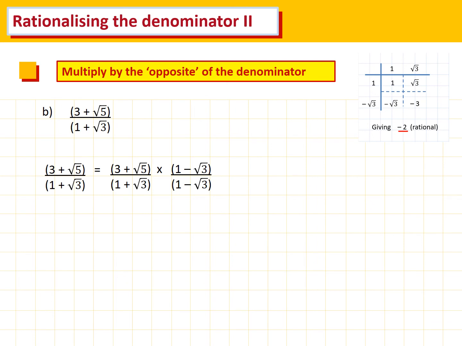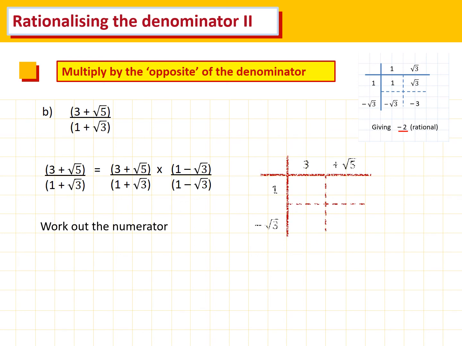Now we need to multiply the two numerators together. So that's 3 plus root 5 multiplied by 1 minus root 3. 1 times 3 is 3. 1 times root 5 is root 5. Negative root 3 times 3 is negative 3 root 3.